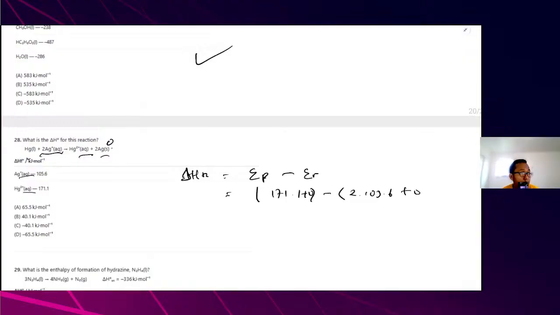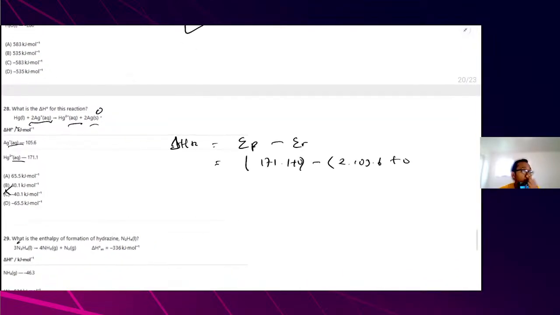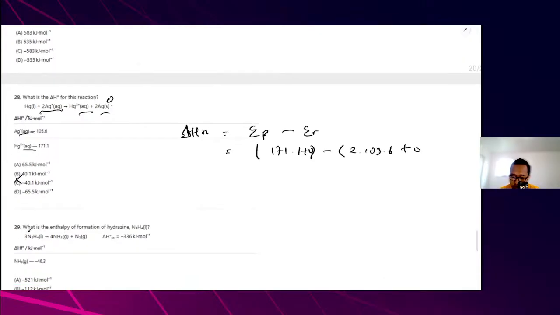Minus 40.2. Yeah, minus 40.2. That's great. The answer, number 28, will be C.